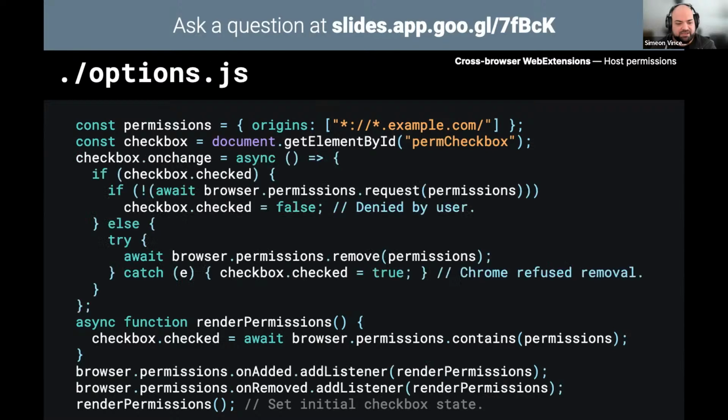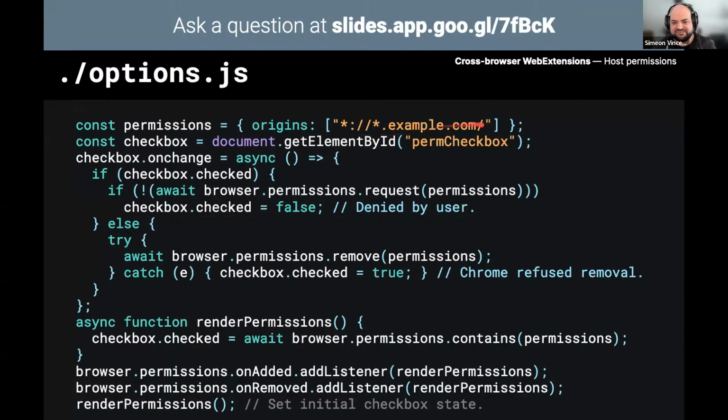So first, we have the checkbox on change. So if the user clicks the box and the value changes, we will check if the checkbox is checked, and if it is, we will attempt to request the permission from the user.